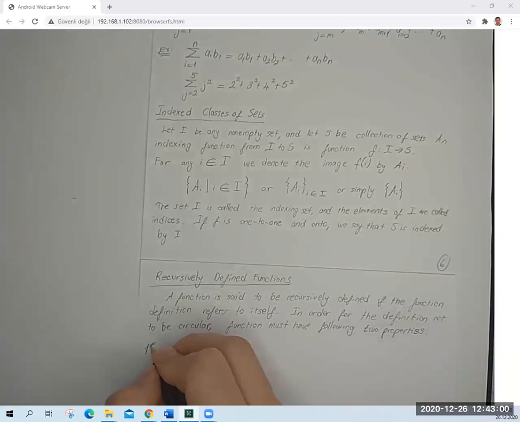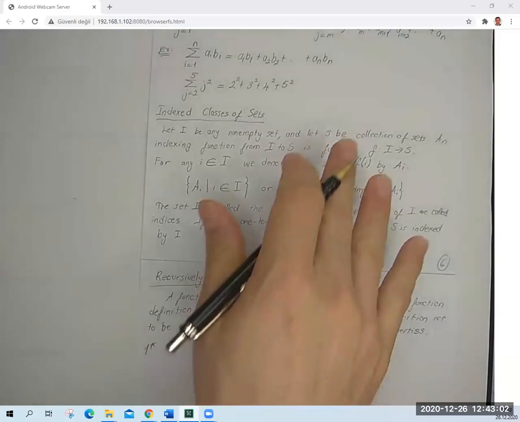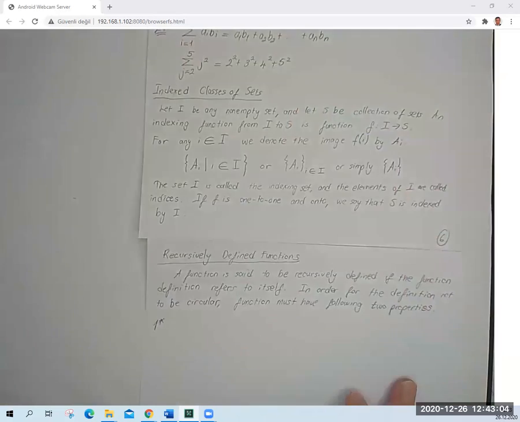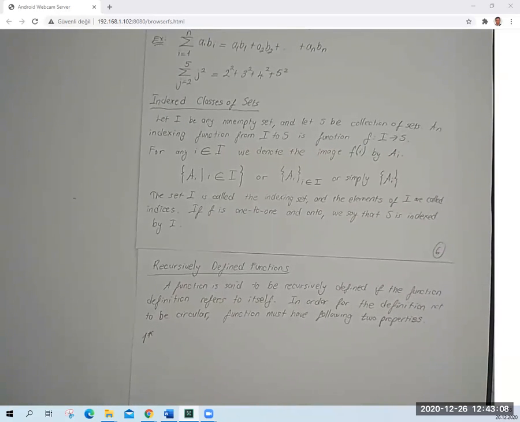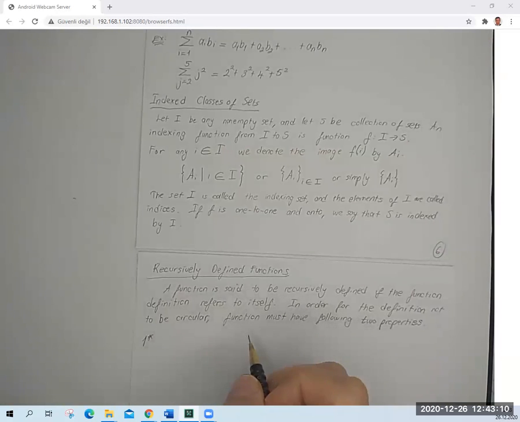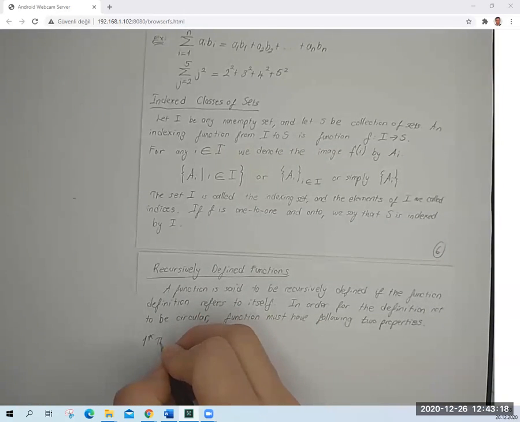You are looking for a recursive function, so it must refer to itself. These two parts are really important for that function, and there are two properties.